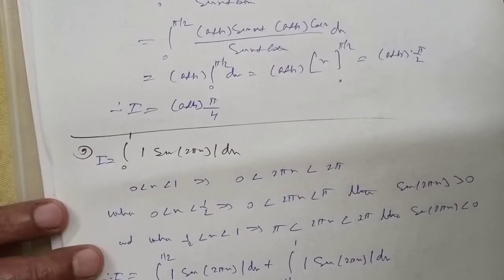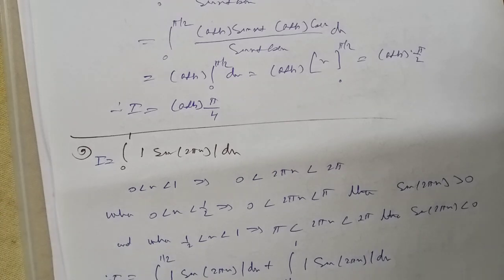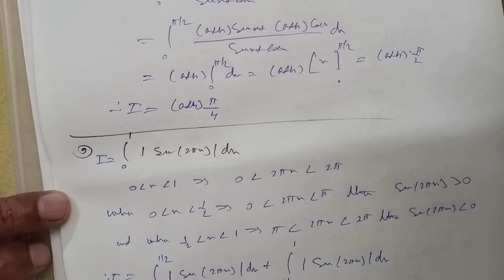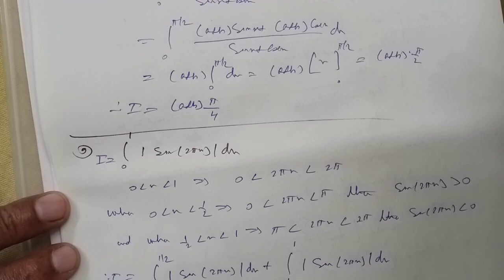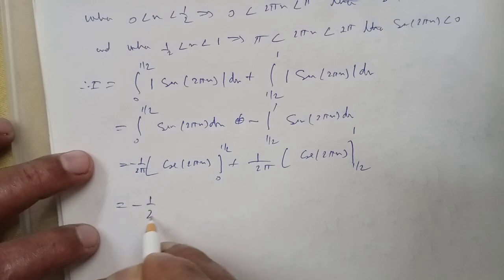So when 0 to half, this is positive, so this will become sine of 2 pi x dx, and when half to 1, this is negative, so this becomes minus sine of 2 pi x dx. Now this integral is minus 1 by 2 pi cos of 2 pi x, limits 0 to half, so minus, so plus 1 by 2 pi cos of 2 pi x, half to 1, so minus 1 by 2 pi.